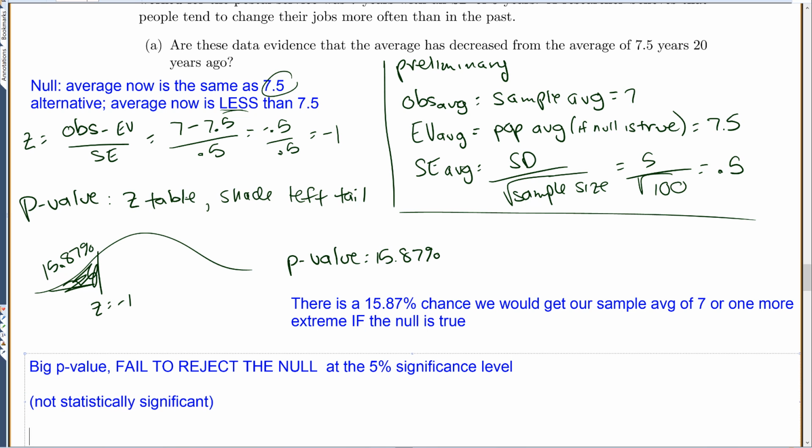And I would say something like, we did not find evidence that, and now you write the alternative, that the average now is less than 7.5. So 7.5 is probably still plausible at a 5% significance level.